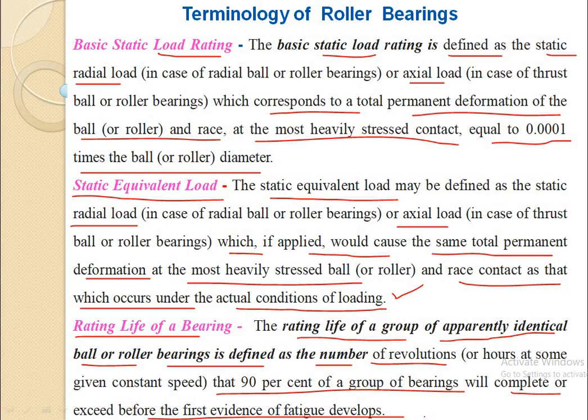Suppose take the example, if I will take 10 bearings of same identical properties, spherical roller bearings or needle roller bearings. If I will take a group of 10 roller bearings, and if out of that 10, 90% of group of bearings will complete, means out of that 10, if 9 bearings will complete or exceed before the first evidence of fatigue failure.